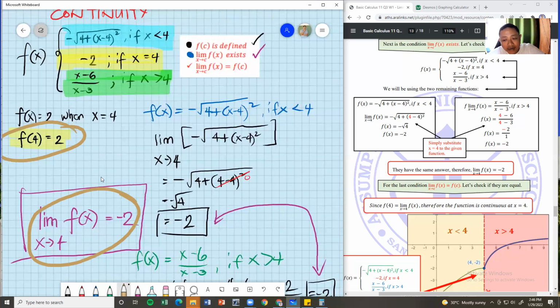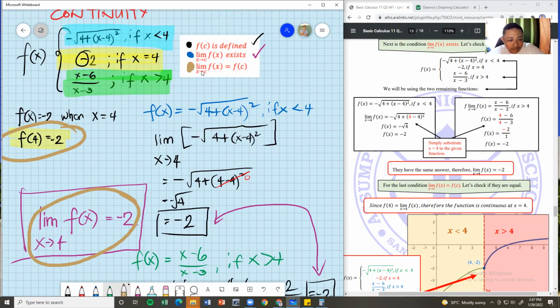Ang tanong, are they equal? Are they equal? Ay, sorry, there is a missed value here. -2 pala yun. I missed to write it here. -2. Ayun. Ang tanong, are they equal? Because it says here in the third condition, they should be equal. Here.